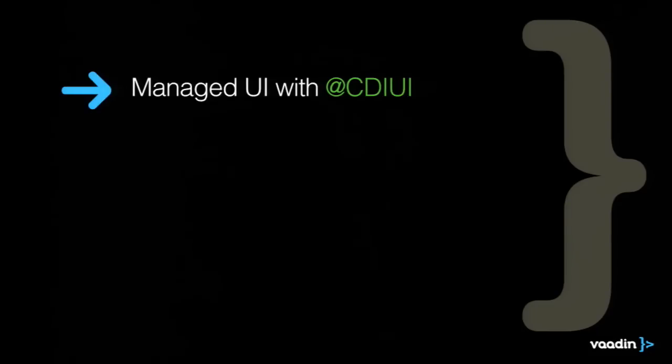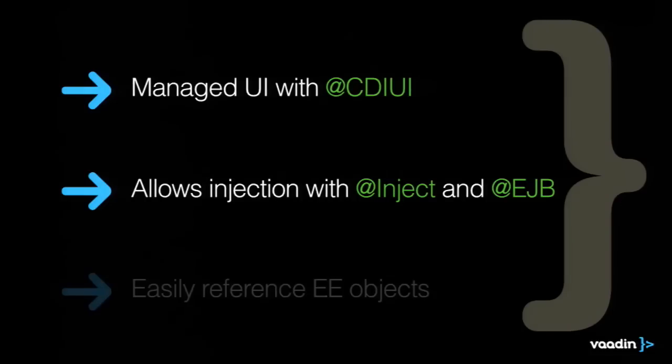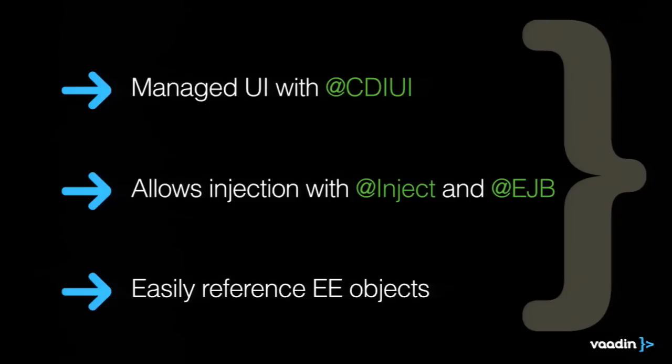And a little bit reiterating here, what managed bean really means is that it's something that is handled by the container, not by you. You get a reference to that by saying inject, not with the new. Allowing you also to use, for example, the @EJB annotation for EJB references, and reference any other EE objects very easily.